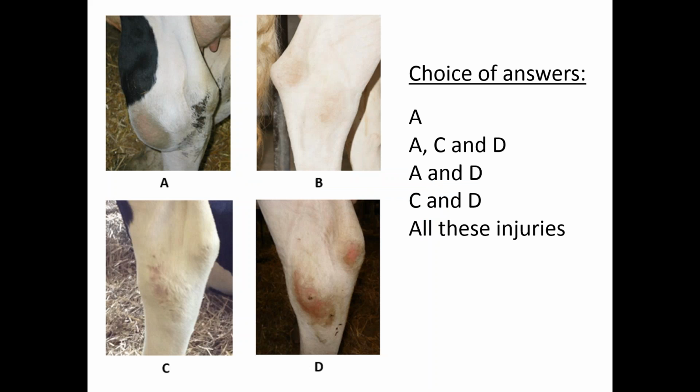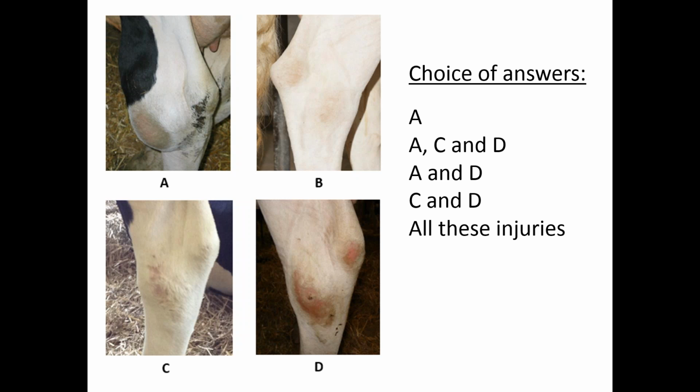Which is the right answer, Trevor? Well, I guess it would depend on your perspective on things. However, typically these 4 pictures represent a scale of hock injury assessments that we do, ranging from a score of 1 through 4.